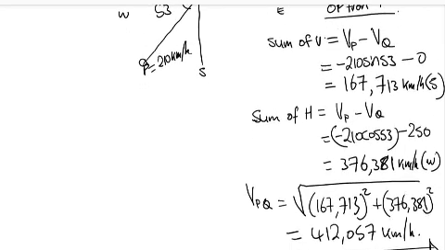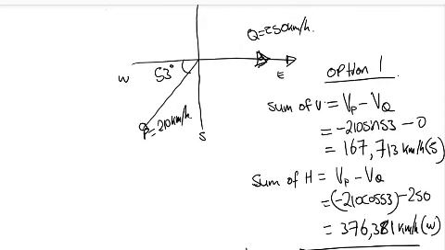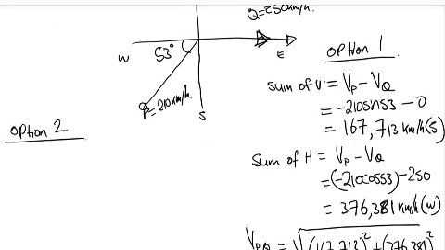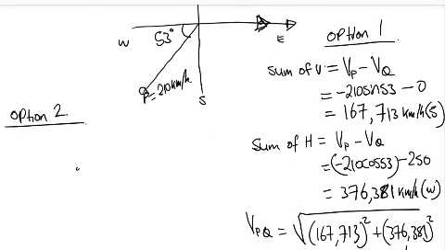Now let's go for the second option. On option 2, listen carefully. Let's say here is our starting point. The other one goes in this direction at 250 kilometers per hour, which is Q. Remember, that was directly east.